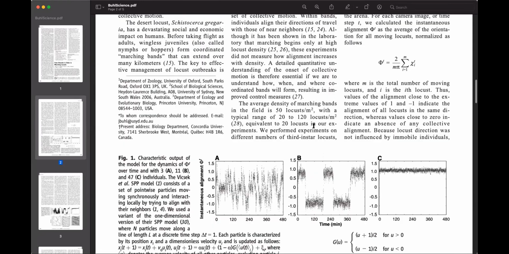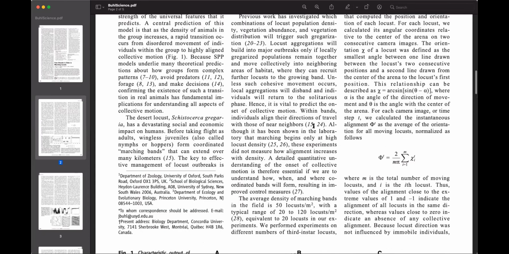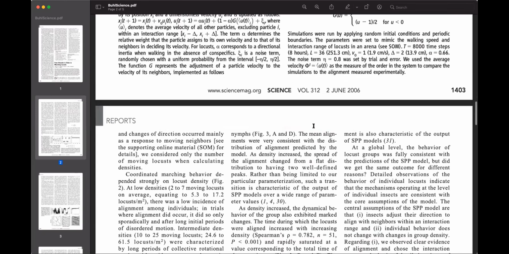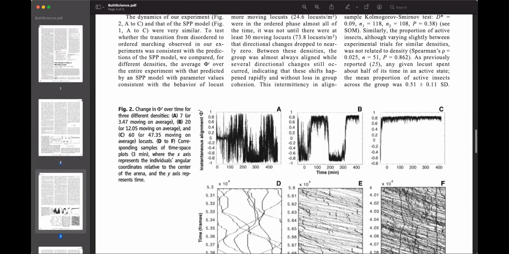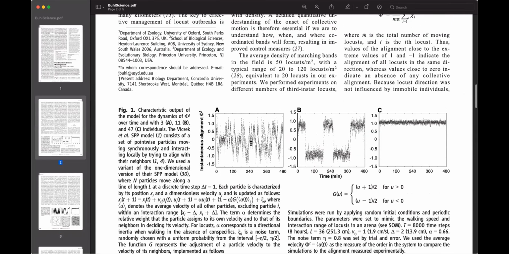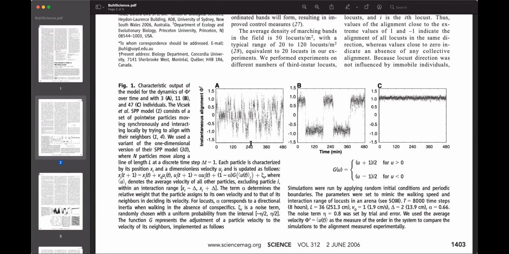To understand this, the experimental setup is actually not the two-dimensional world that I showed you. It was an annular arena. Think of it like a ring, a one-dimensional ring in a mathematical sense, but with a finite width, so the locusts can move within that width.